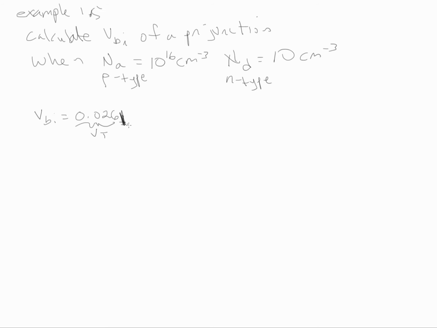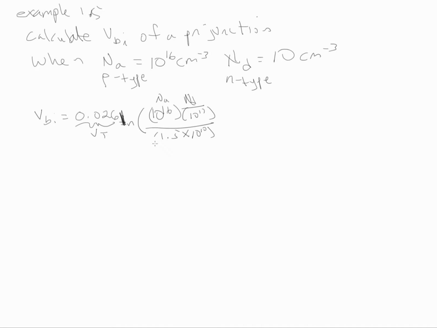So if we plug that all into the built-in formula, we have 10 to the 16th times 10 to the 17th over 1.5 times 10 to the 10 squared, which we calculated earlier.